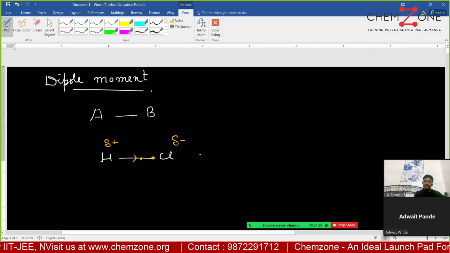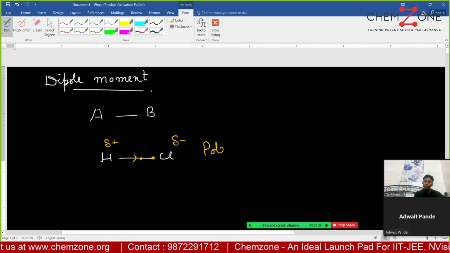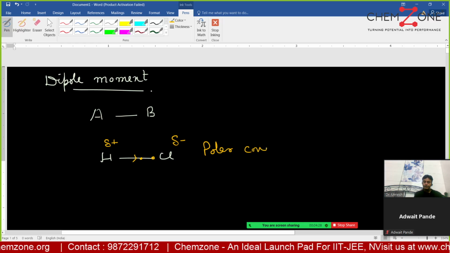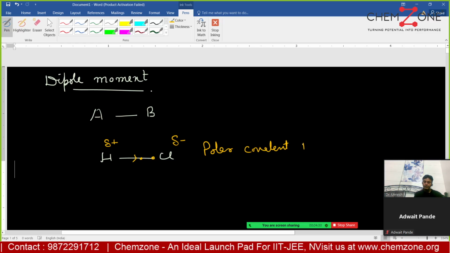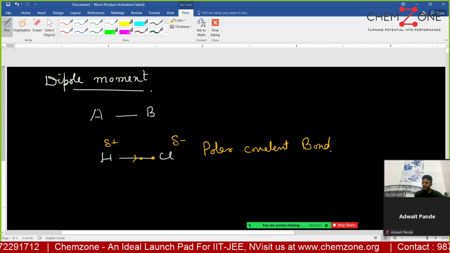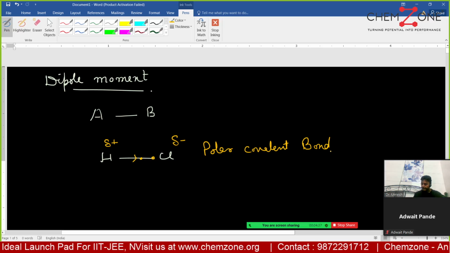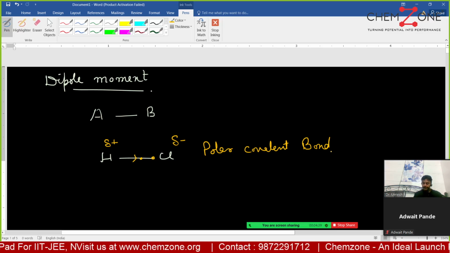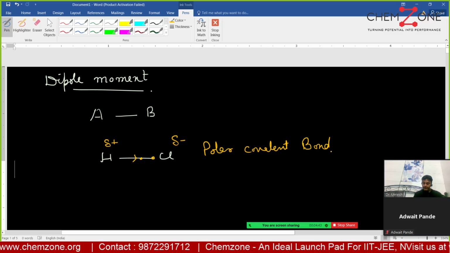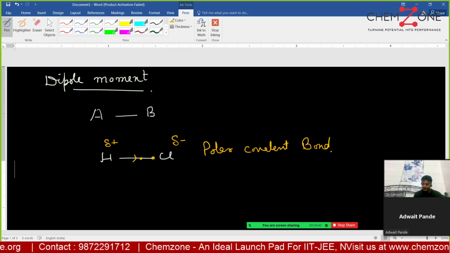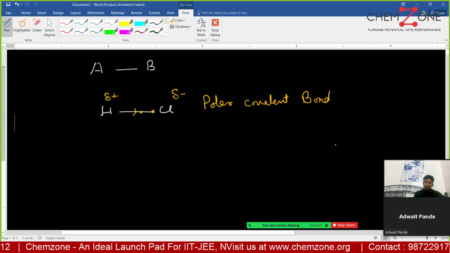So there's a polarity in the molecule. The molecule now has a polar covalent bond. It is a covalent bond, right?